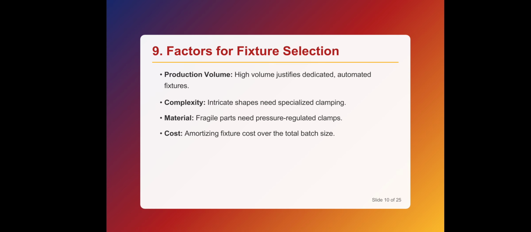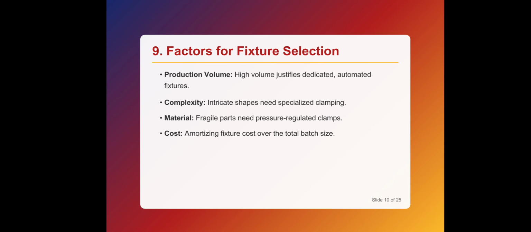And complexity means intricate shapes need specialized clamping. The material, like fragile parts, needs pressure regulated clamps. So the cost is amortizing fixture cost over the total batch size. So these are the factors for fixture selection.